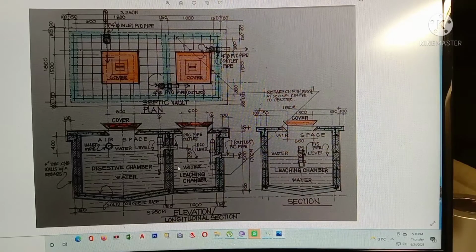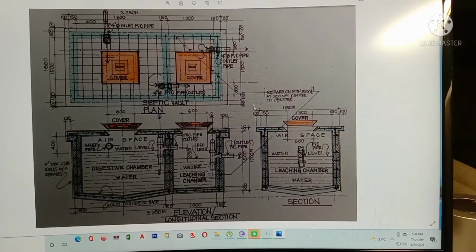From the leaching, there is also a certain level. See, the water level here is lower than the digestive chamber. Why? Because if the digestive chamber gets filled with waste or water, it will be thrown into the leaching automatically by using the inlet pipe.